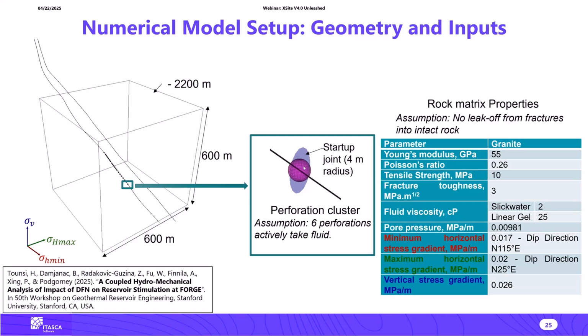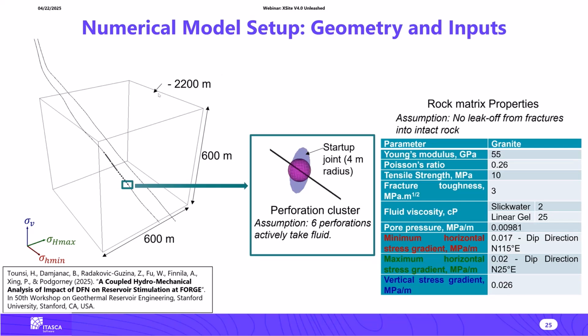All details of the fracture tortuosity and perforations are now abstracted. However, their effect can be accounted for in perforation pressure drop, which is implemented in the code using some empirical formula.